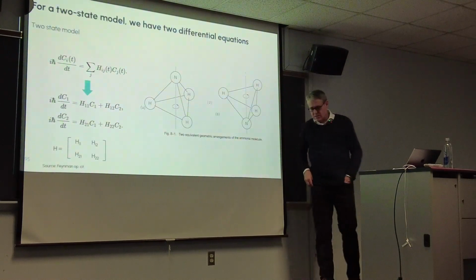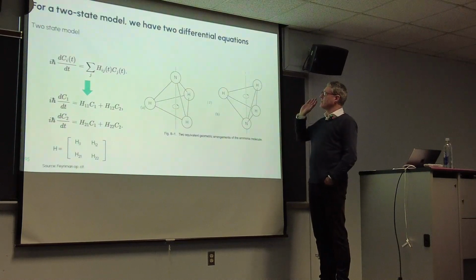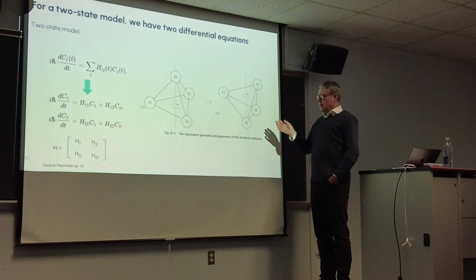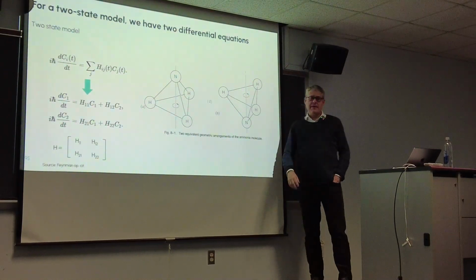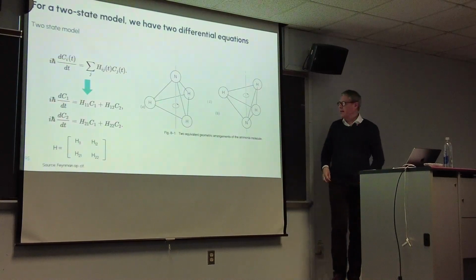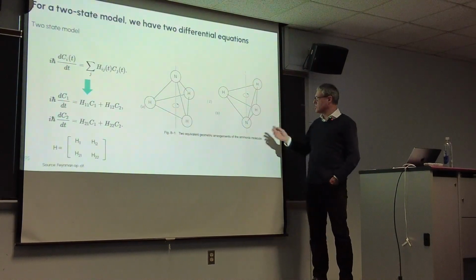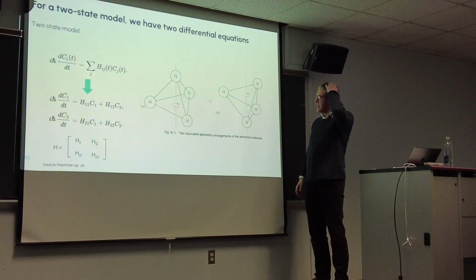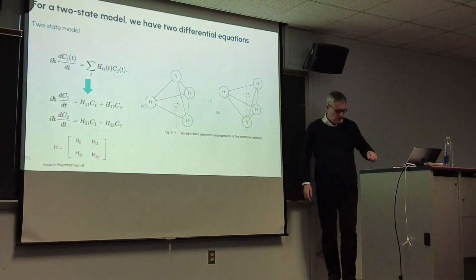So the true model of the ammonia molecule, and we will get back to this later, is an infinite dimensional Hilbert space. So it's infinite, and here we have just 2 states, so 2 dimensions of the Hilbert space. So it is a grossly oversimplifying model.